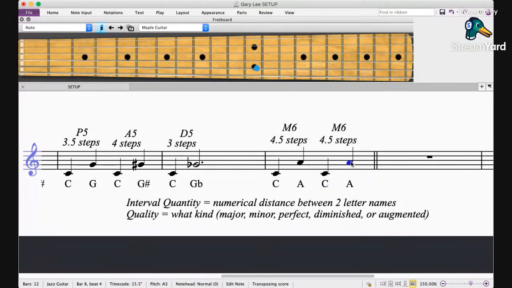Now if we lower A to A flat, that's 4 steps, and this becomes a minor sixth.